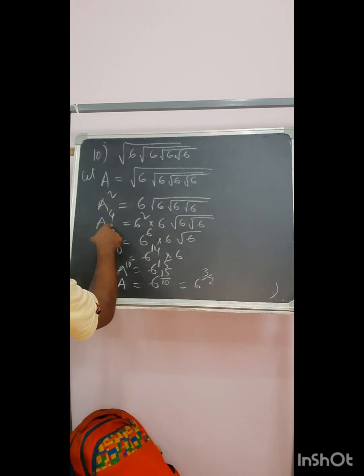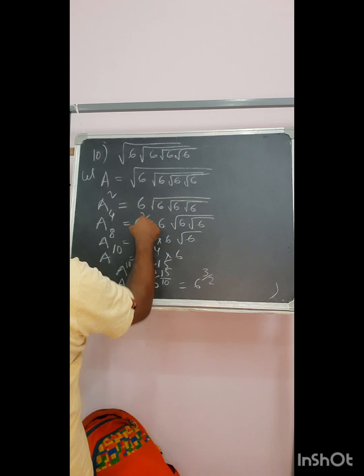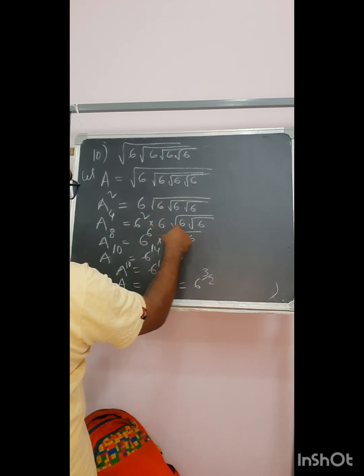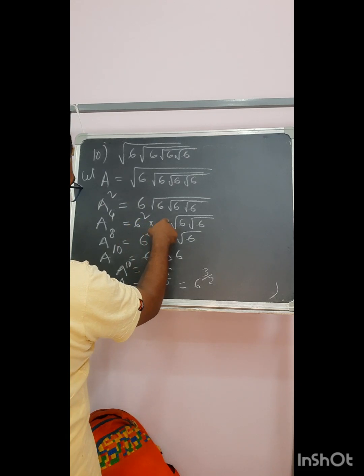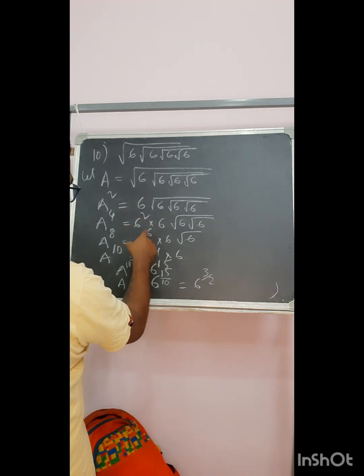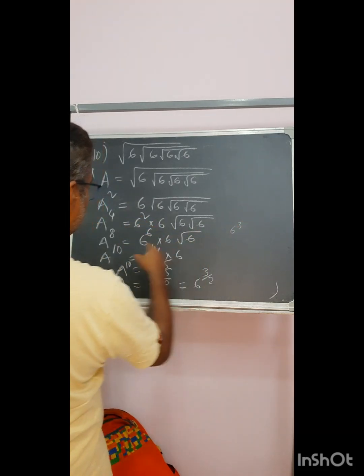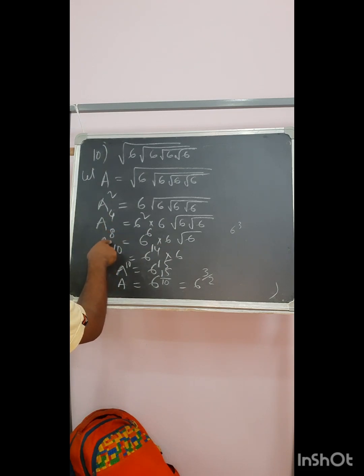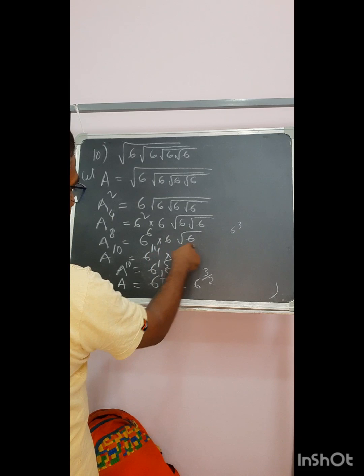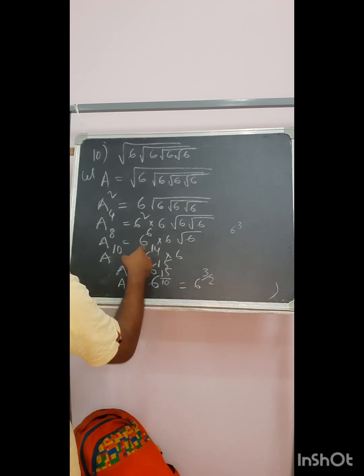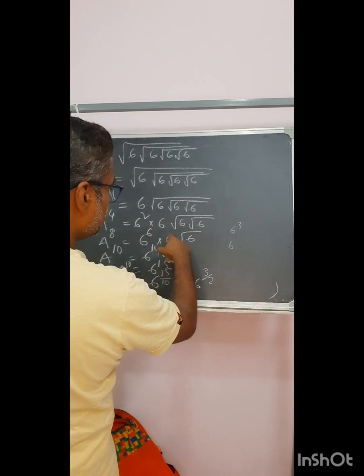Then I square it up again. So this will be squared and this will come out, and the remaining terms, 6 1 and 6 1, 6 1 and 6 square together, will be 6 cube. In the next term I am squaring up again. So this 6 cube will be 6 square and the 6 will come out, remaining. Then again 6 to the power 6 and 1 to 7.